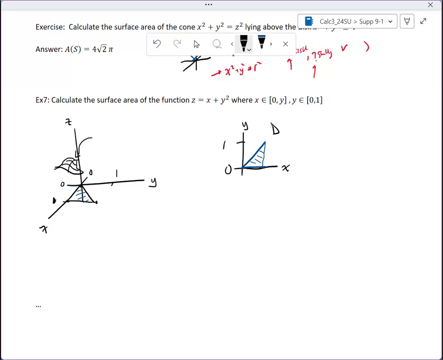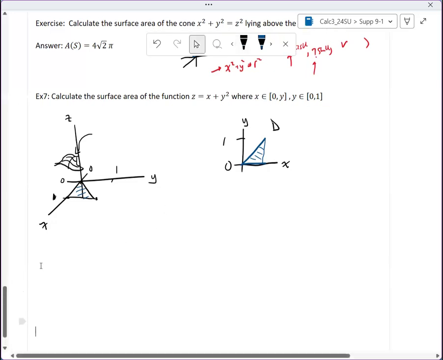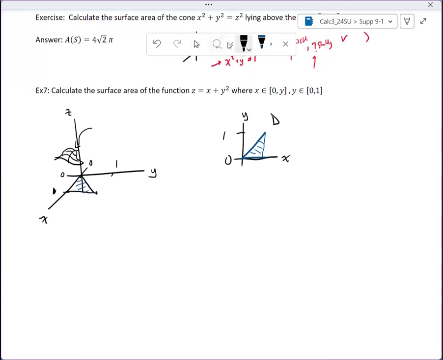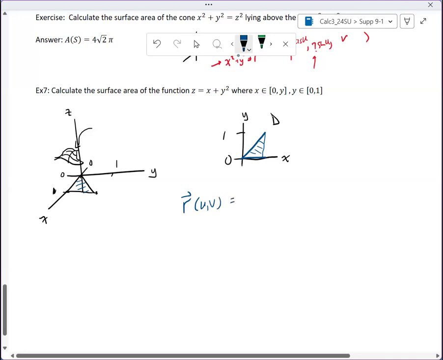Again, if you want a better picture, maybe go to that GeoGebra widget, plug in a parameterization, and you can get a better picture that way. Okay, but what's my goal here? Well, my goal is to first get a parameterization, r of u, v.